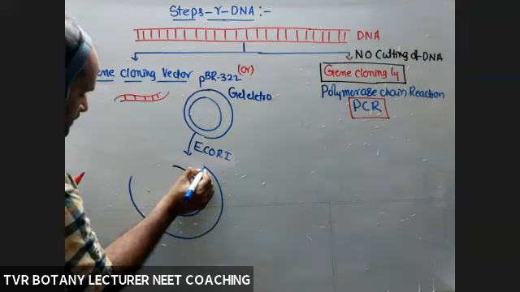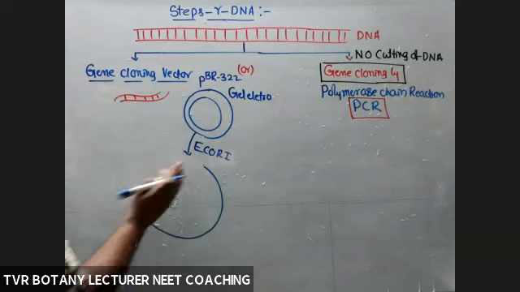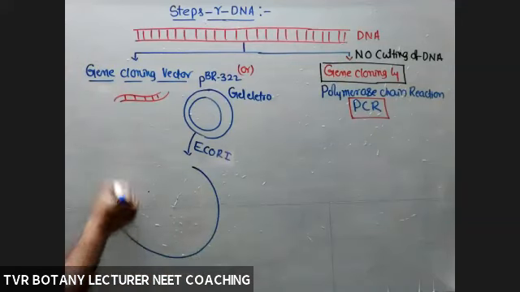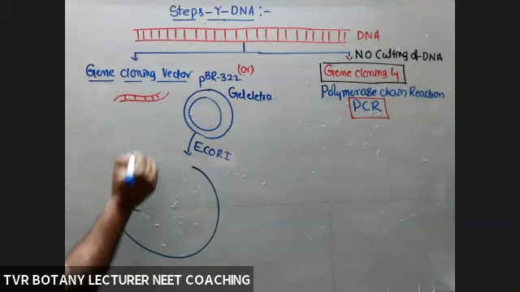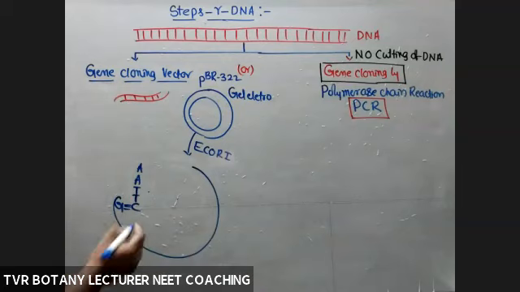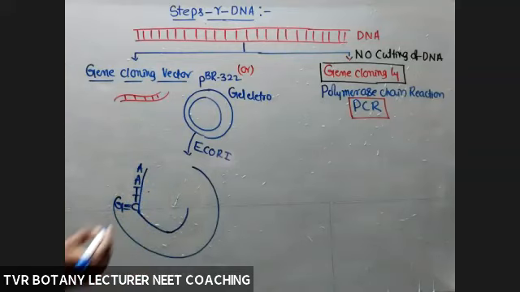For example, here I'm taking G, C, G, T, T, A unpaired.